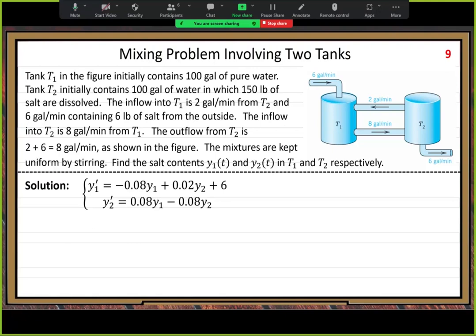Here we use the salt amount to set up equations. The water amount, the mixture amount, we use to look at whether it's balanced or not. Inflow, outflow, that amount should be the same. Remember we call it the balance law.